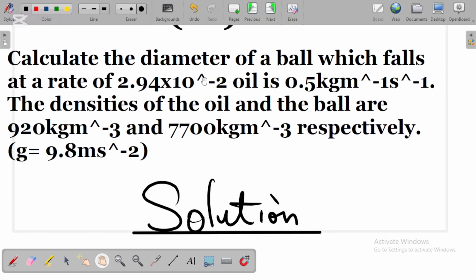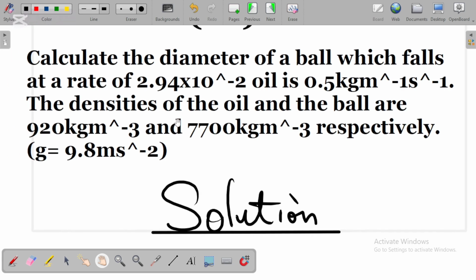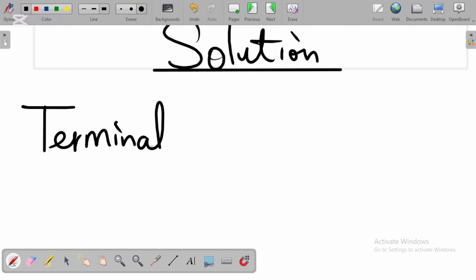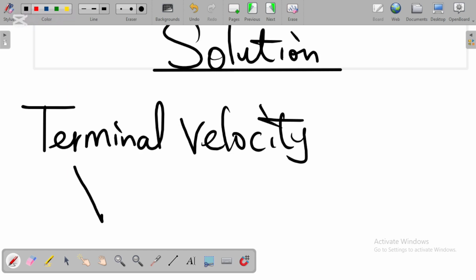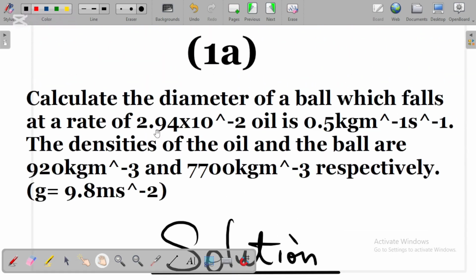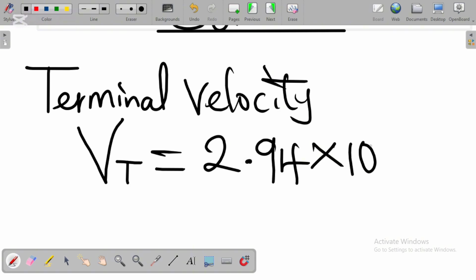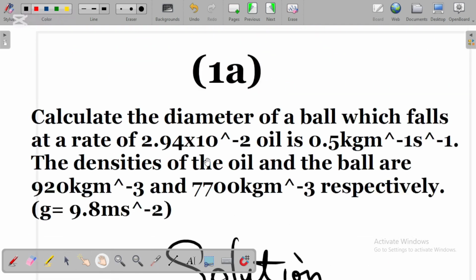The first parameter here is terminal velocity. Terminal velocity V subscript T is equal to 2.94 multiplied by 10 raised to the power negative 2. Alright, so this is a question on terminal velocity.